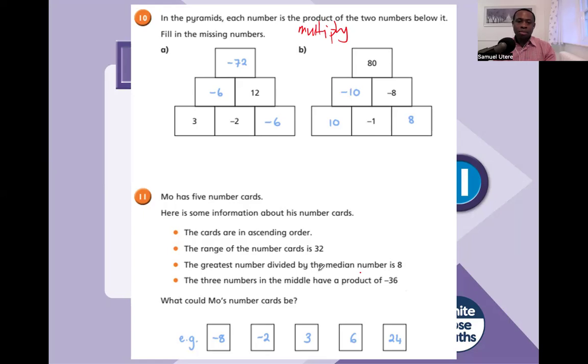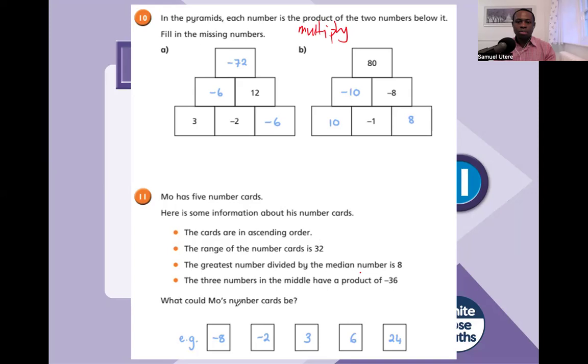There are quite a few numbers. And you can see here, 24 divided by 3 is 8. Once you have those numbers, you can begin to say, if the range means 24 minus something, the lowest number should give me 32.